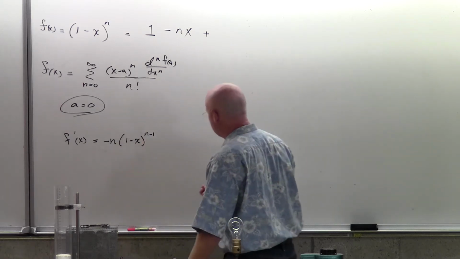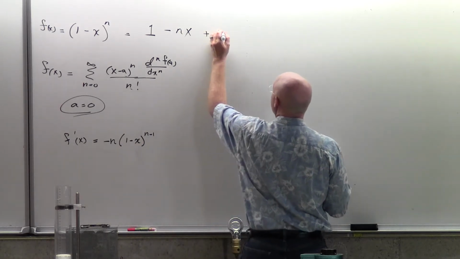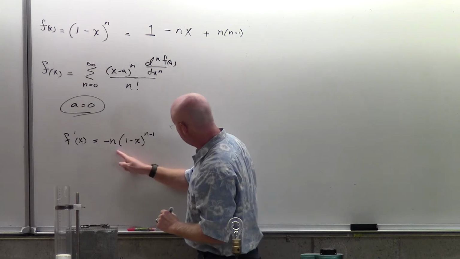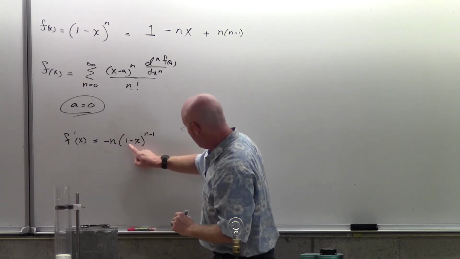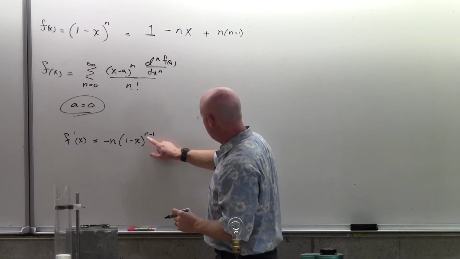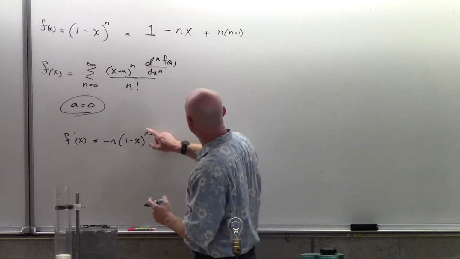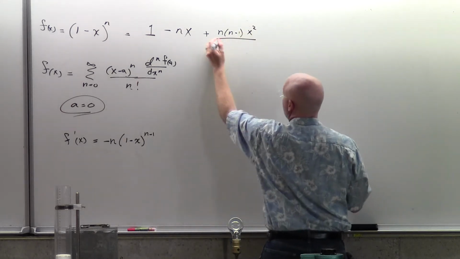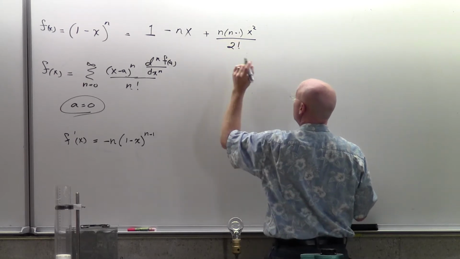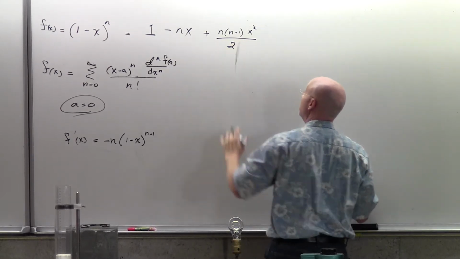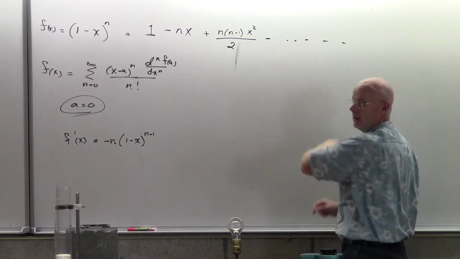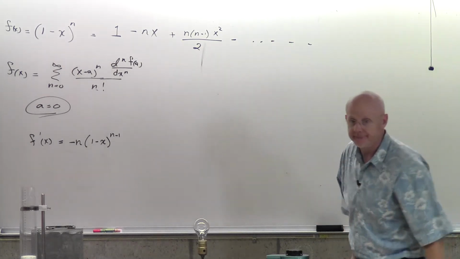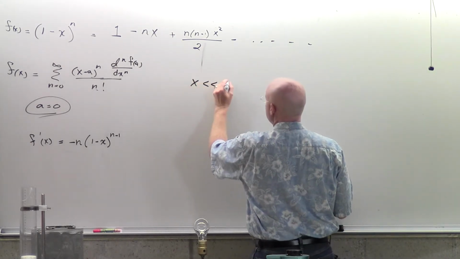If I take the derivative yet again, I get an n and an n minus 1. When I evaluate, it would be 1 minus 0, that's 1. This would be n minus 2, of course, but that's still a 1. This would be x squared, over 2 factorial, just 2, and so on. Now, why do I say all that? Well, what if x is a small number? What if x is much less than 1?